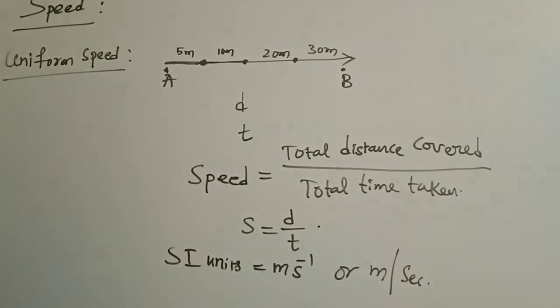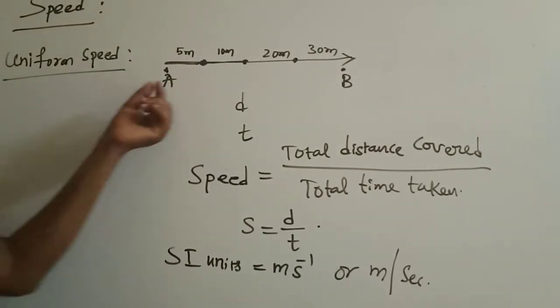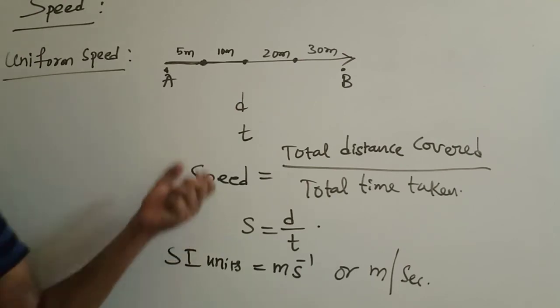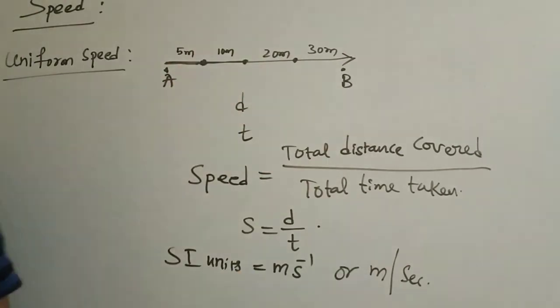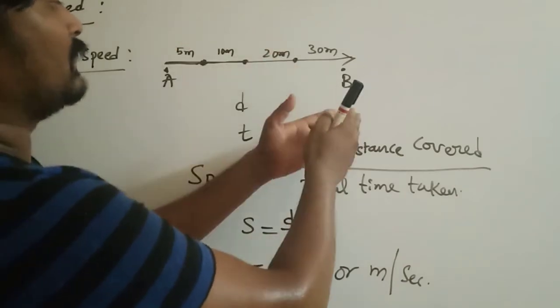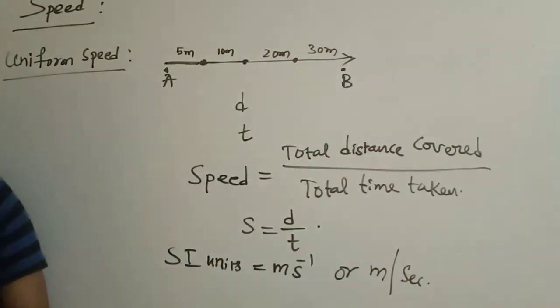In such a way, even if the interval is small, we can say it is uniform speed. Okay, so equal distances in equal intervals, that you have to remember. Equal distance needs to be covered in equal intervals of time. That is about uniform speed.